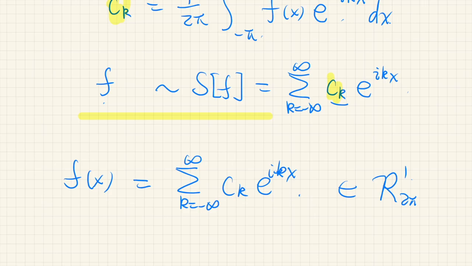And now let's multiply both sides by exponential of negative i m x, for example. So multiply both sides by this.